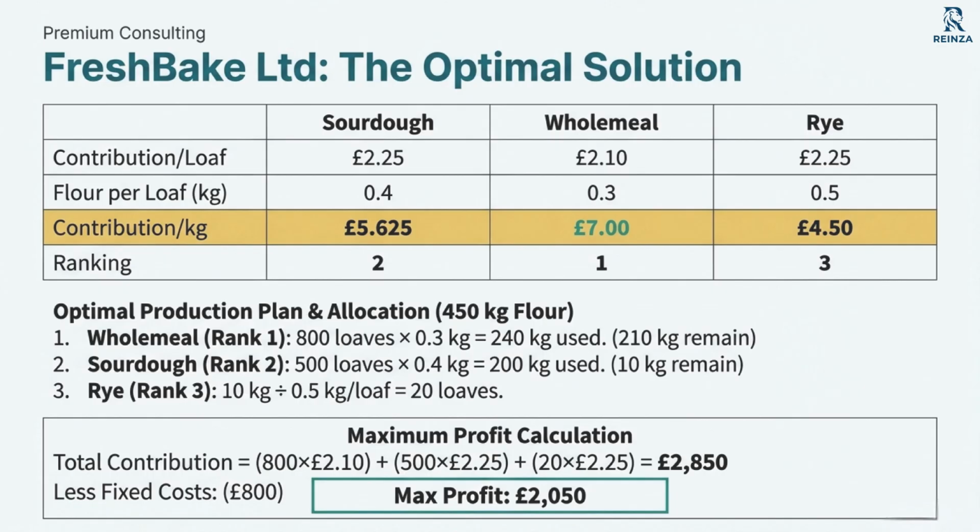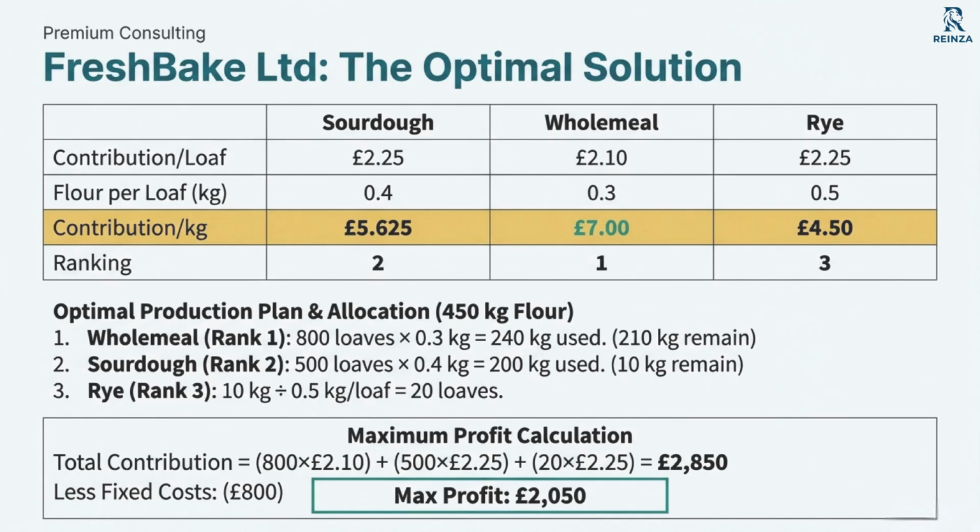Rank the products. First place goes to wholemeal at £7 per kilogram. Second place is sourdough at £5.625. Third place is rye at £4.50. Notice that wholemeal has the lowest contribution per loaf at £2.10, but it ranks first because it uses flour most efficiently. This perfectly illustrates why we must calculate contribution per limiting factor.